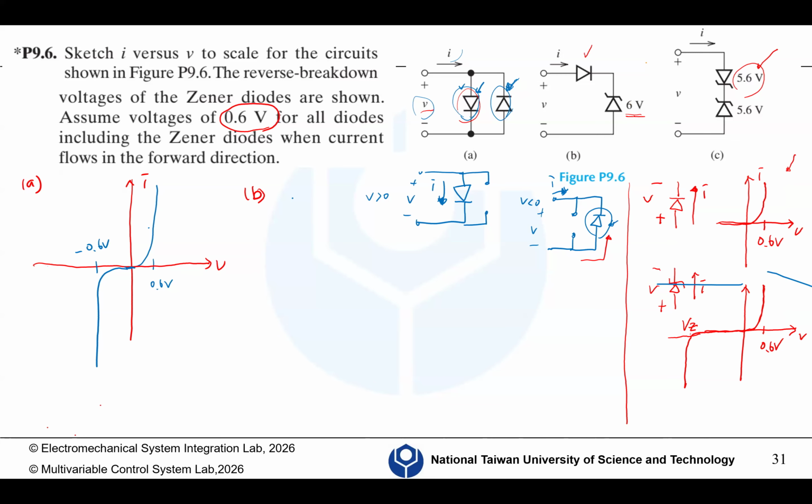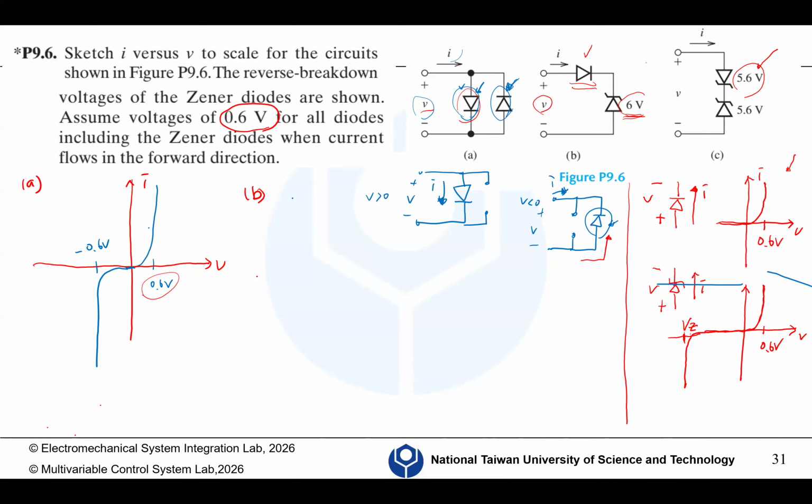But it has a Zener diode in the opposite direction of the first diode, and the Zener voltage is 6 volts. It means V not only needs to overcome this threshold voltage, but also needs to overcome this 6 volt Zener diode in order to be on.